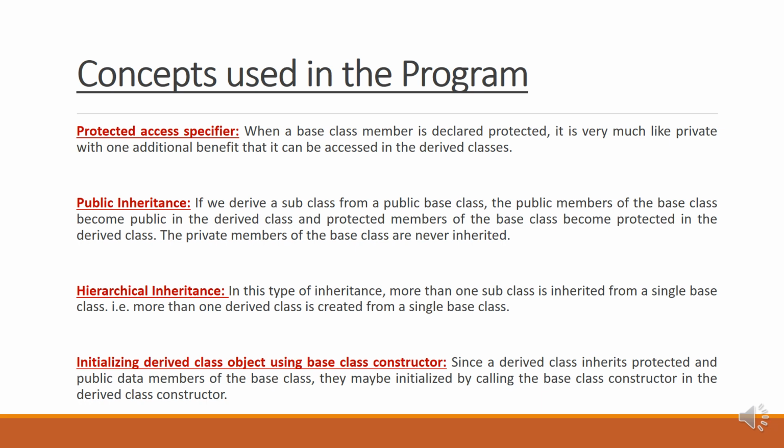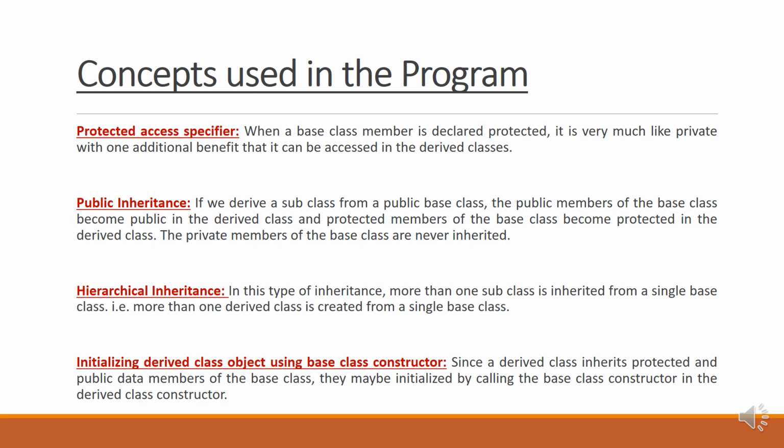Protected access specifier. Whenever a base class member is declared as protected, then it behaves very much like a private member, except that it can be accessed in the derived classes.